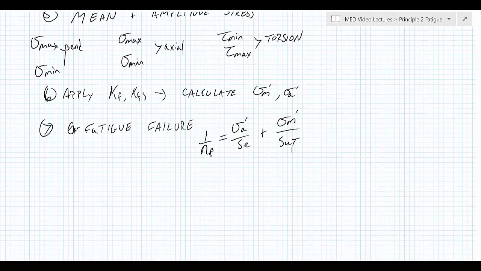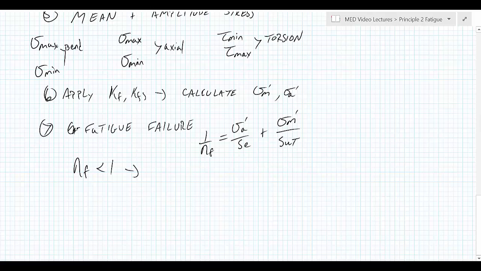If our fully accounted modified mean stress is 0, we can just look at the amplitude side of that and make our assumption off that. If NF is less than 1, we are not predicting infinite life, but we are predicting some life.